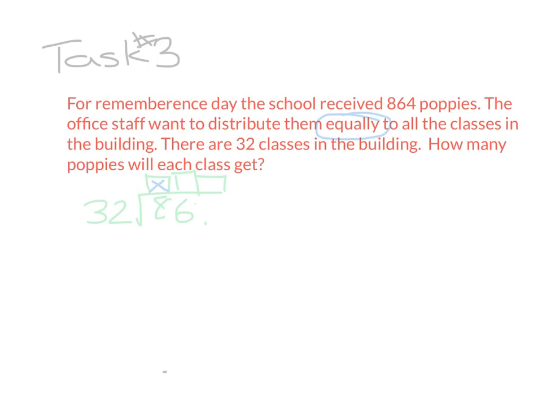So in the 32, when I look at 32, I type it into my calculator, see how close I can get. I know that the closest I can get is a 2. So 32 times 2 is a 64. And then I go ahead and I subtract, and I'm left with 22. And I keep going, and it's a 4.